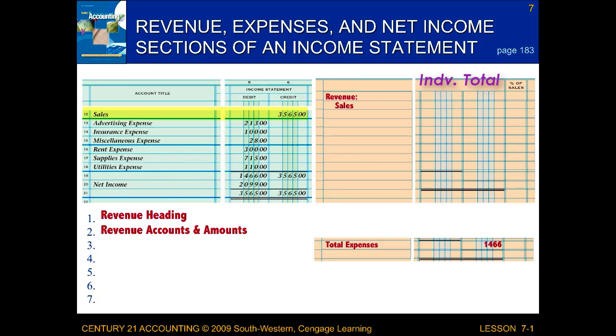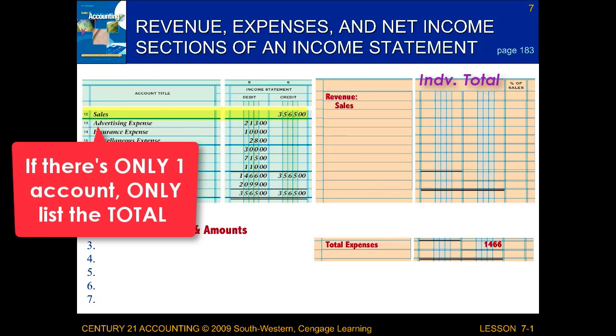Now, in this case, we only have one revenue account. So rather than write the individual amount and then rewrite the total amount in both columns, we're going to skip writing it in the individual amount column and just place it into the total amount column, since all of our revenue is the total amount of sales.